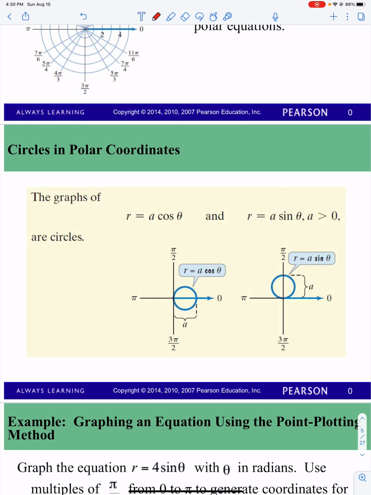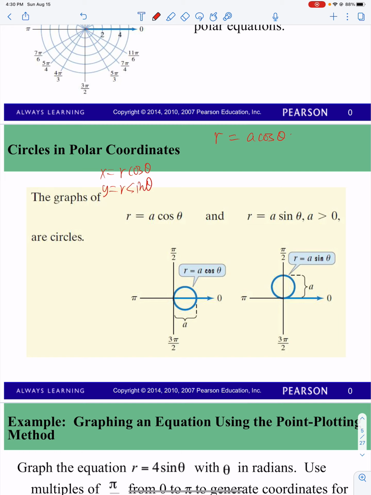So why is this a circle? I think we have already done this. R equal to a cosine theta. How could we change the polar coordinates to the rectangular coordinates? x equal to r cosine theta, y equal to r sine theta. Are you with me?